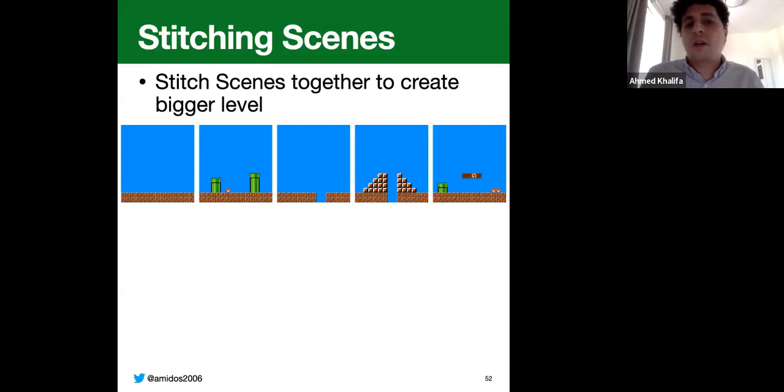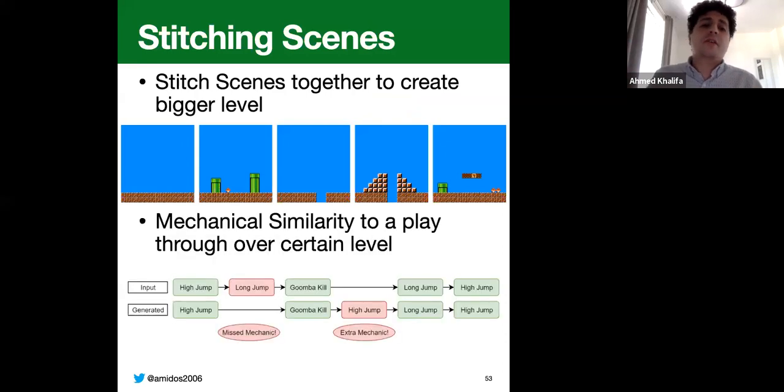The whole idea is to try to stitch these small scenes together in a certain way, according to certain criteria, to generate a bigger level. We decided the criteria is called mechanical similarity. Mechanical similarity is just trying to compare the mechanics of a certain level with the generated level.